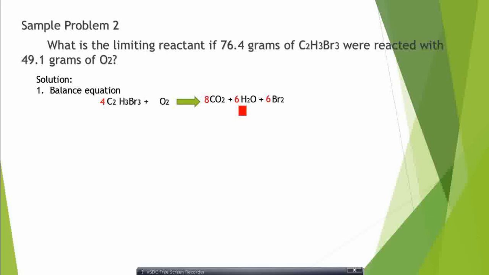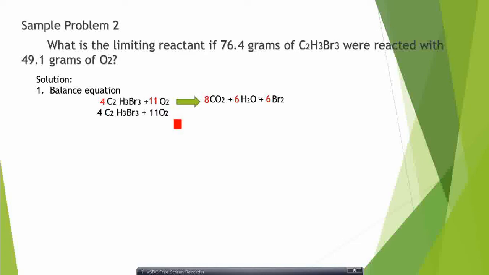There are 22 atoms of oxygen in the product, while in the reactant there is only 2. To make this 22, we have to place a coefficient of 11, since 11 times 2 is 22. So we now have a balanced chemical equation.